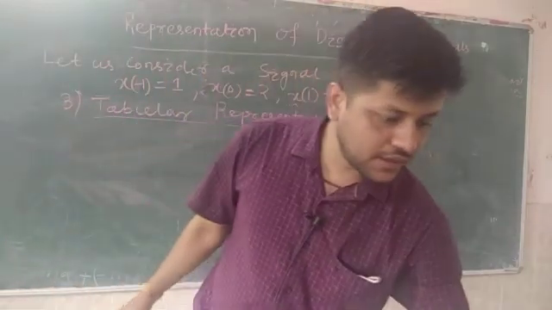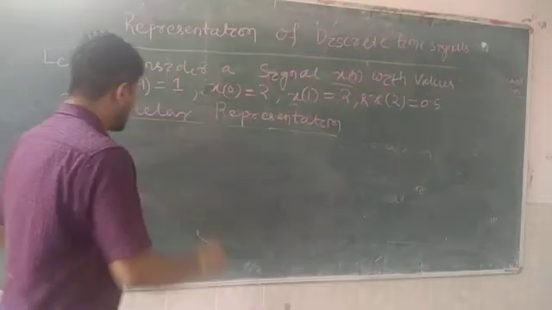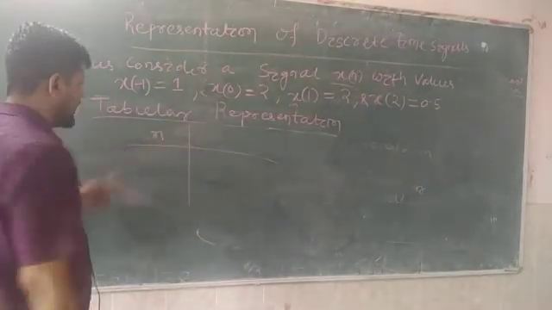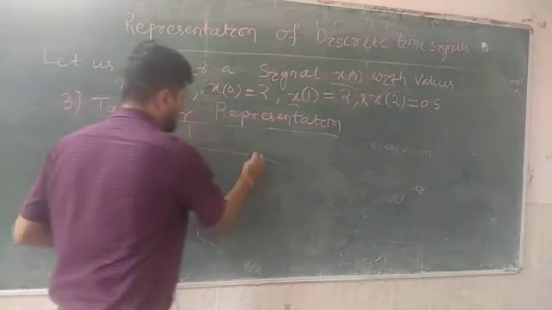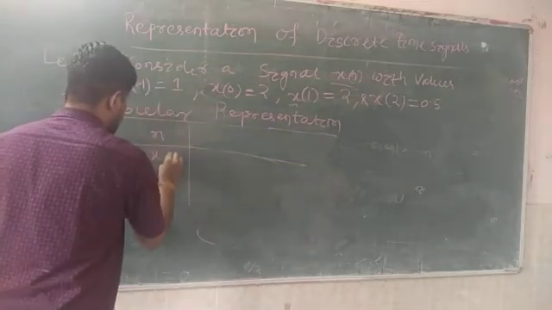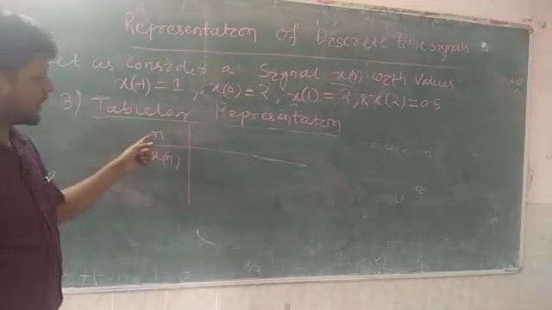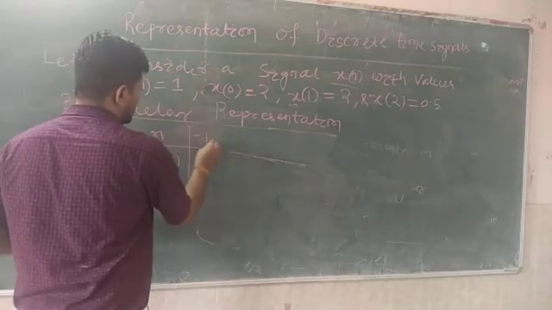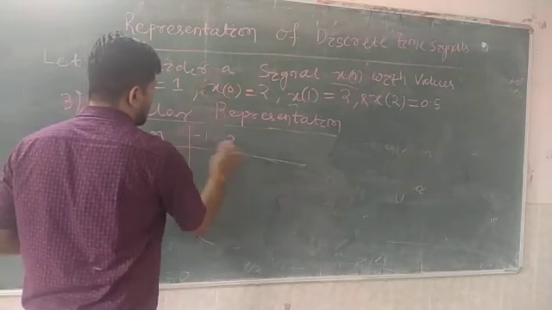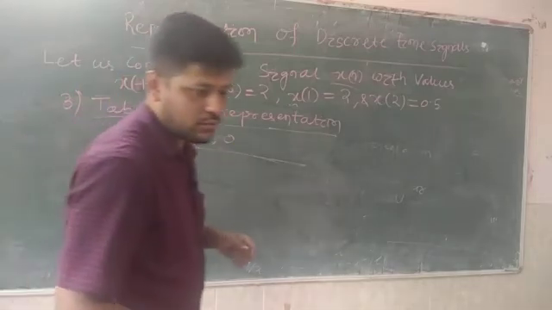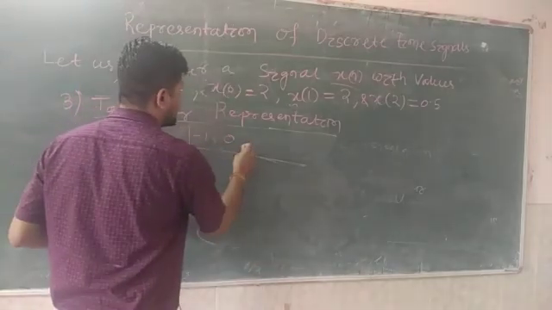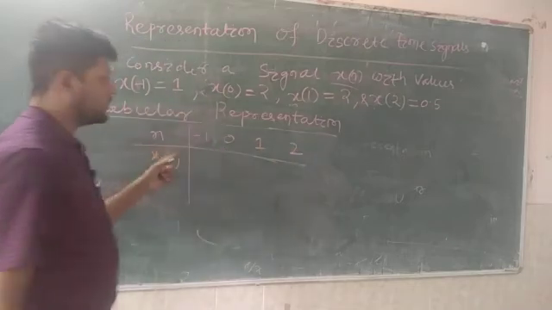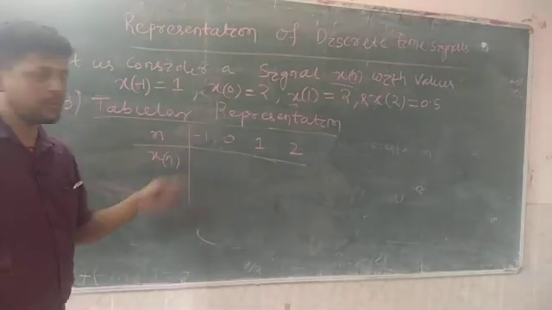So how to represent this in a table? We have to represent a table where n denotes the time and x n. First we have to write the independent values. The independent values here are -1, 0, 1, and 2. These are the possible n values.